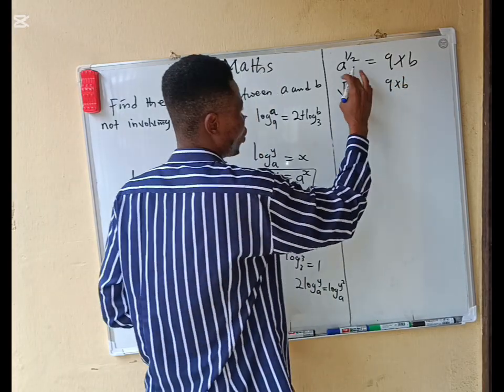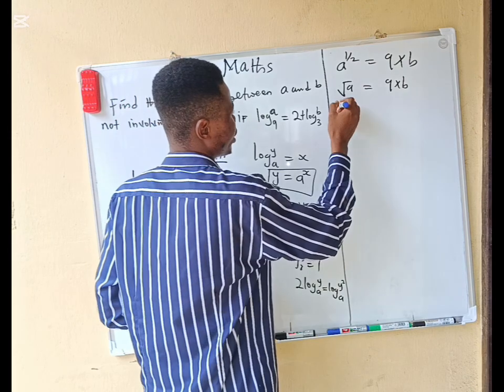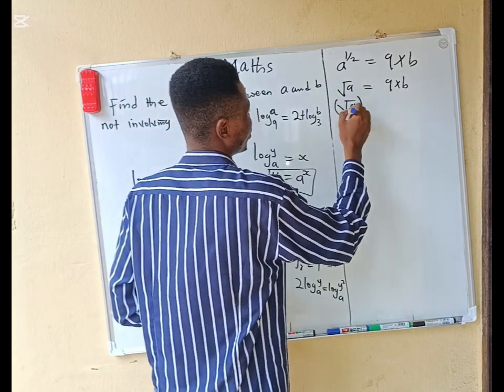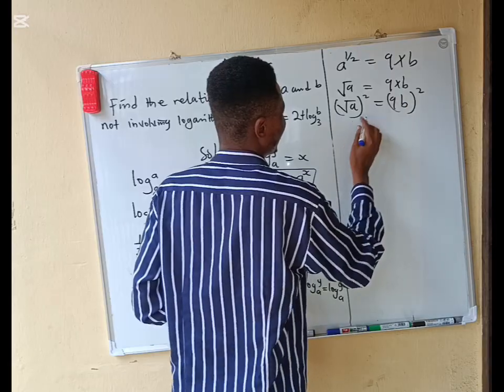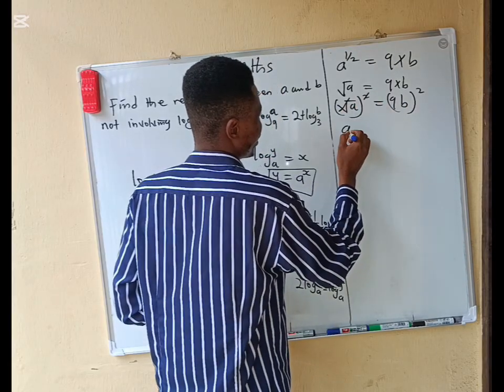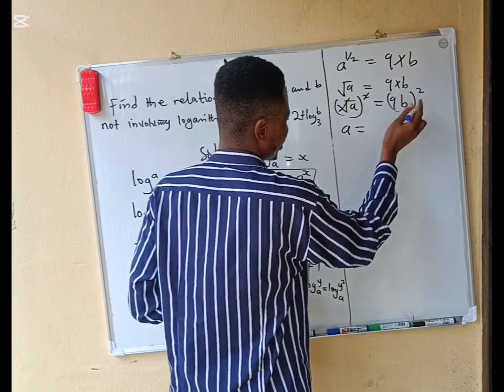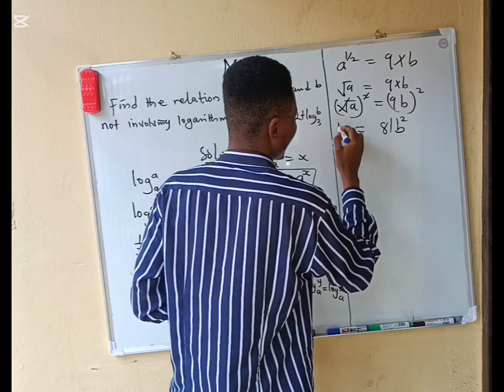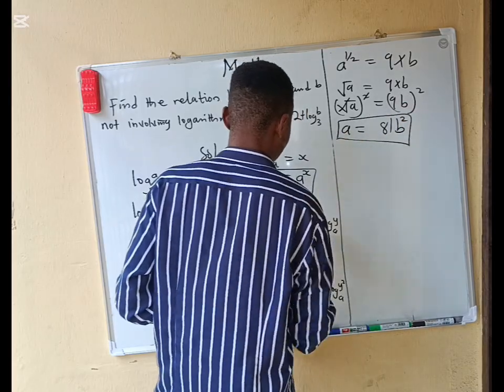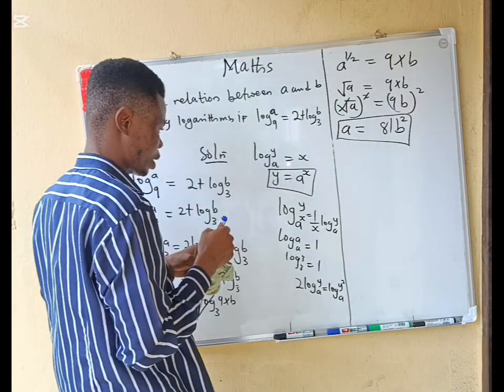But I want to remove this square root. We can square both sides, right? We have square root of a, all squared, equals 9b, all squared. So this one will go with this one, and we are left with a equals 9 squared, which is 81, b squared is b squared. So this is the answer in the form of this. It is very, very simple.